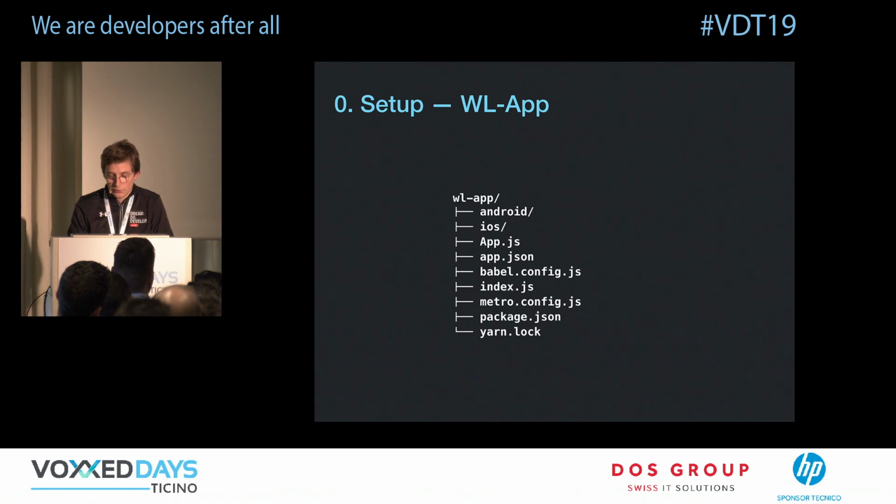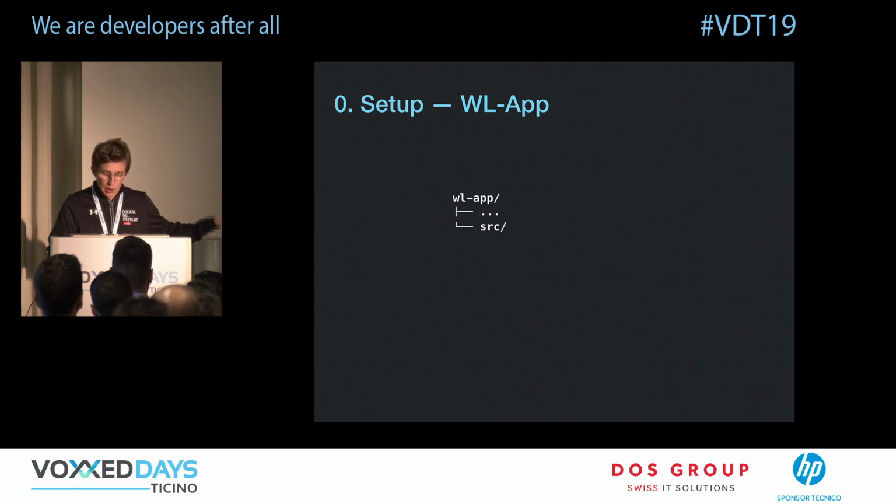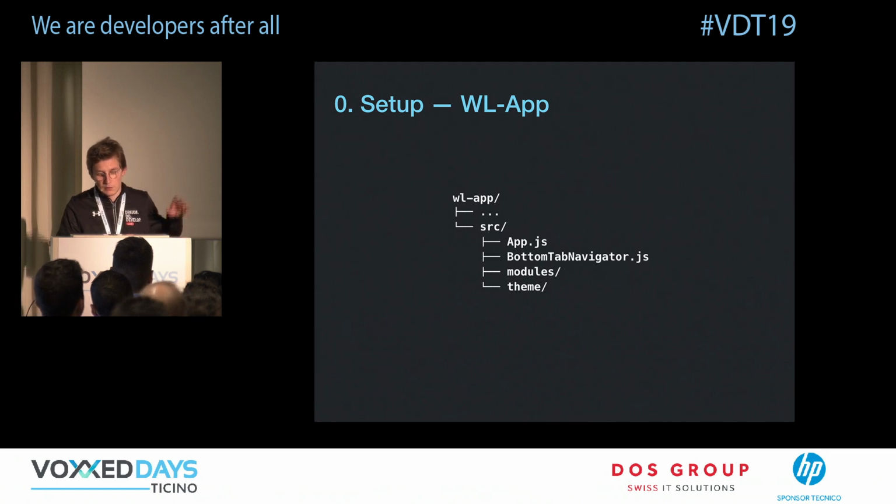To this, I'm going to add a source directory. The source directory will contain all of our white label code that will be used to generate the final product. It contains an entry point App.js, as we saw before.